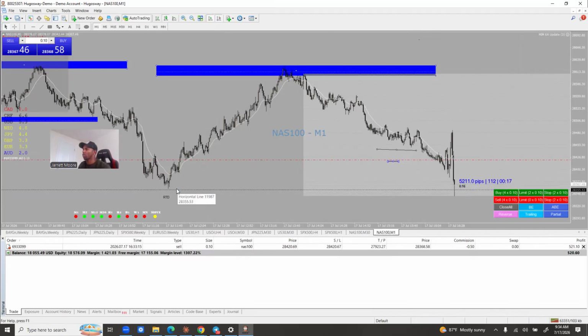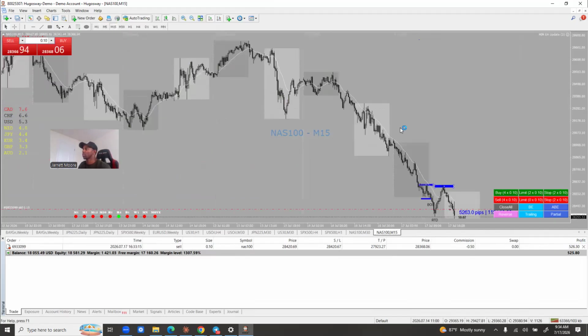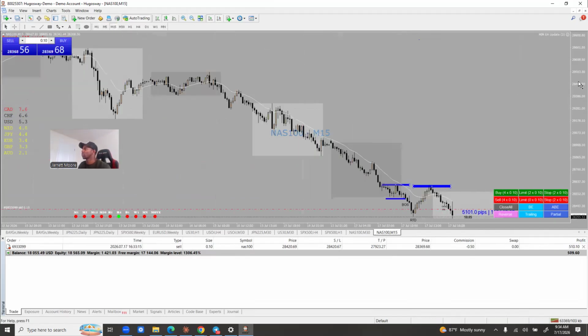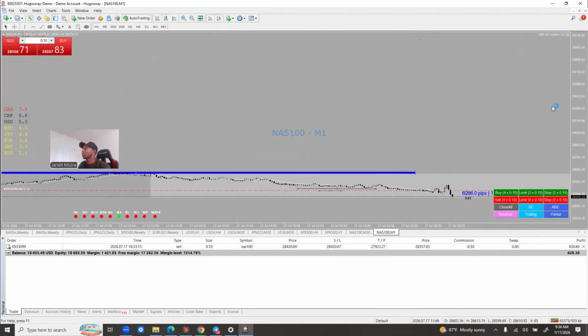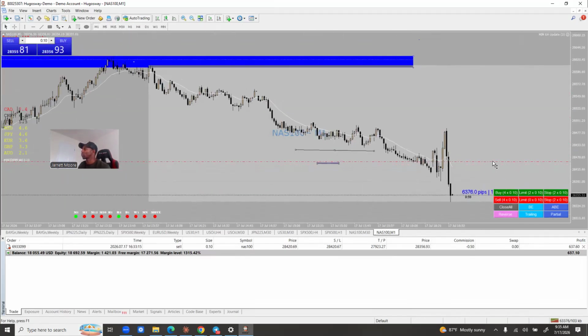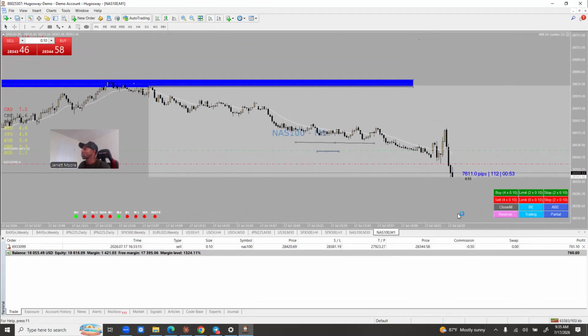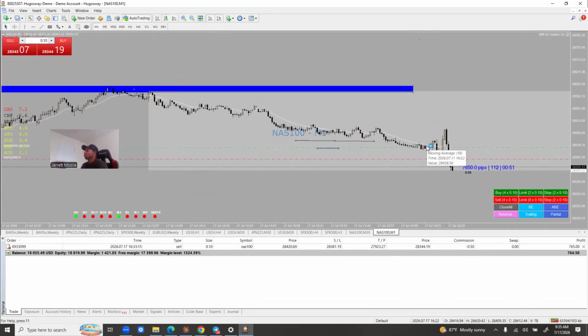All right. So we just took out RTD right there. See the rejection? Just took out RTD. Now what I'm going to do is trail this so we don't lose any positions. We'll lose that position.